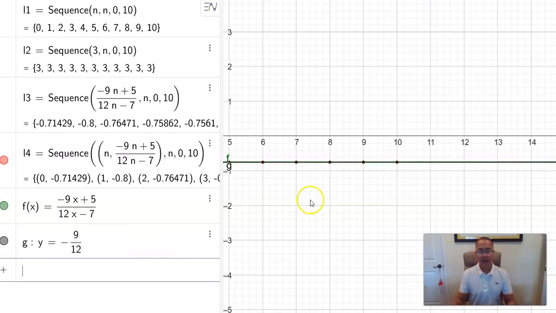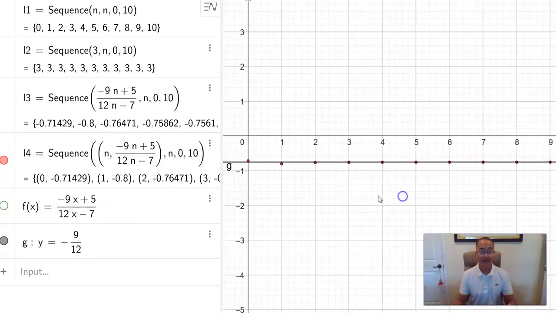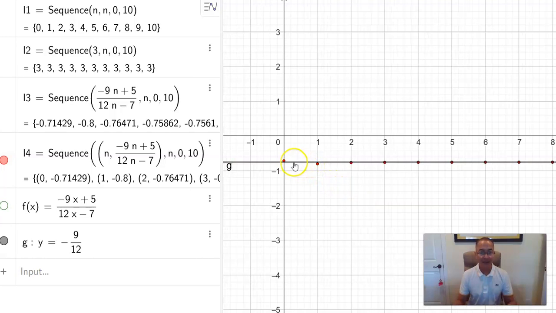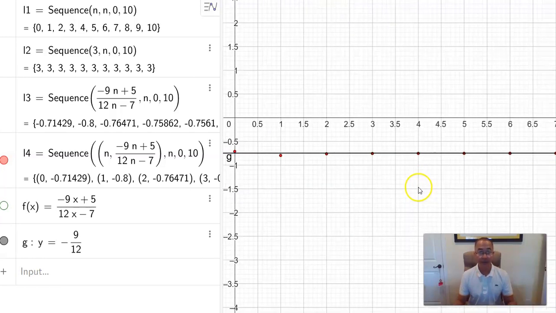And I don't see it. Well, that's because the sequence is practically on top of that horizontal asymptote. Let's hide the graph of f of x. There you go, f of x is gone. This is now just the line. But as you can see, some terms are quite distinguishable from that line.